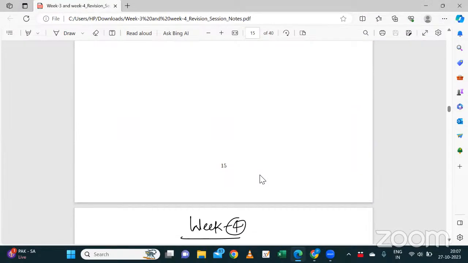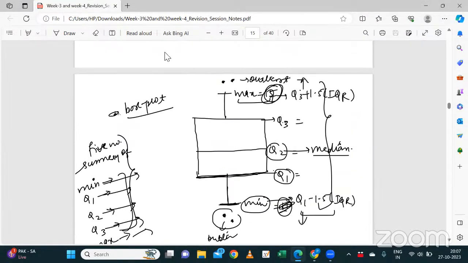Before starting the questions, let me clarify one thing. In the last session we discussed the box plot. Q3 plus 1.5 times IQR is not exactly the same as the maximum value. It's the upper limit for the box plot.